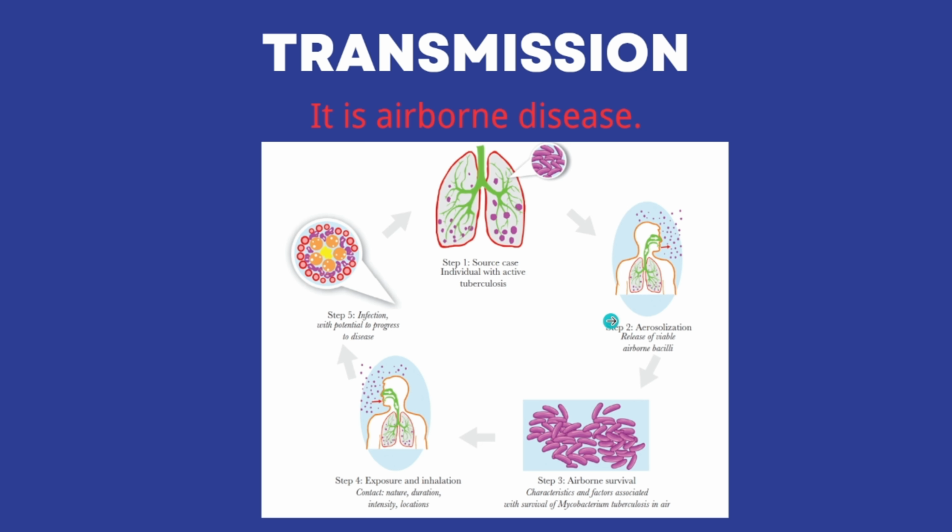So meaning that when you are coughing, talking, laughing, and you are very near to the infected person, you may easily get the disease. When you have the disease, aerosolization occurs, meaning that when you cough, sneeze, or talk very loudly, you release air droplets containing the TB bacteria.